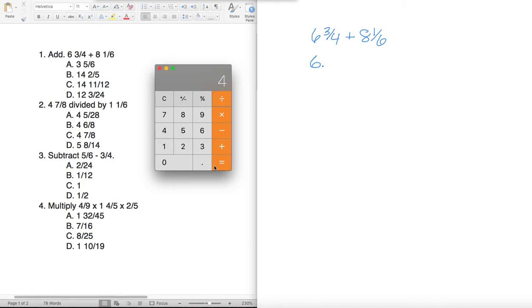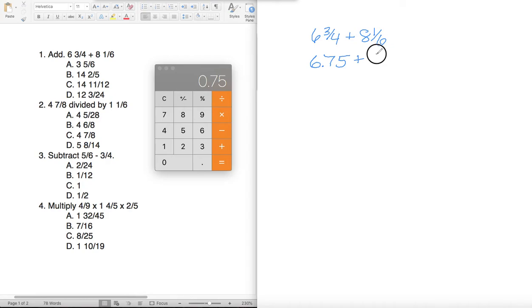Every time you encounter a fraction, you're going to do the numerator, which is the number on top, and you're going to divide that by the denominator, which is the number on the bottom. That will give you a decimal value, and you just tack that on to the end of your whole number that you've written down. So 6 3/4 is 6.75.